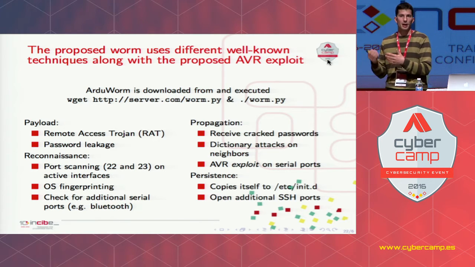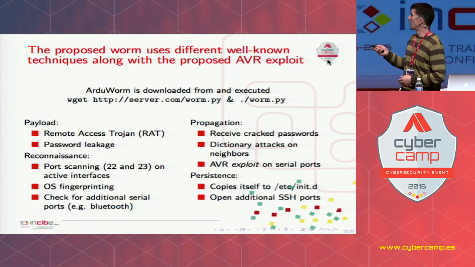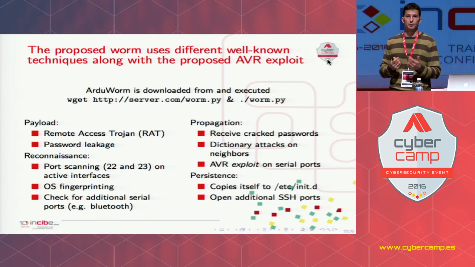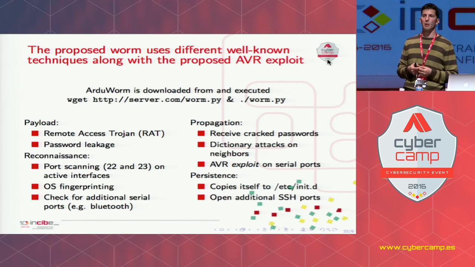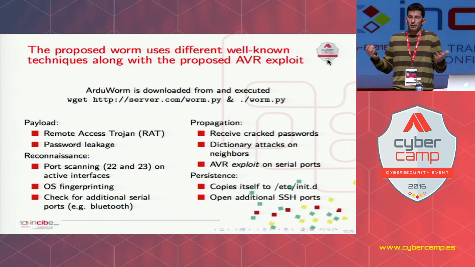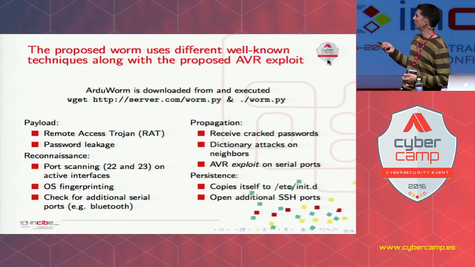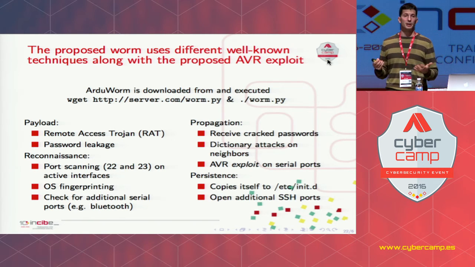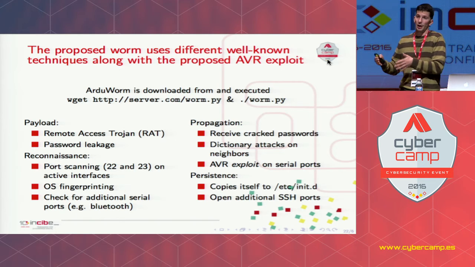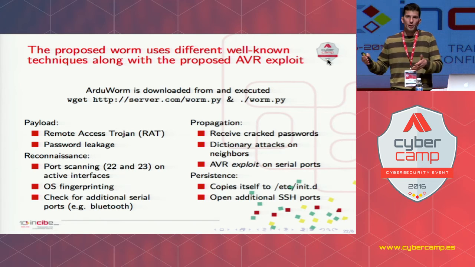A RAT was installed, implemented in Python, and then surrounding reconnaissance. See what I have, ports 22 and 23 are open. You can do anything you want with active interfaces, fingerprinting of the operating system.